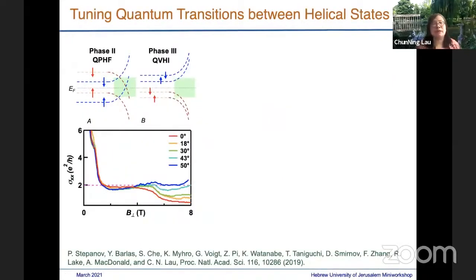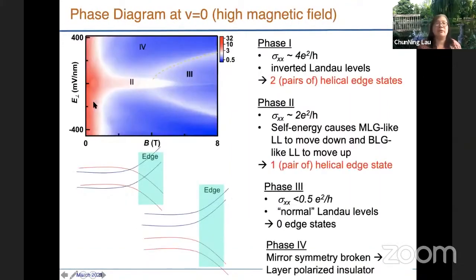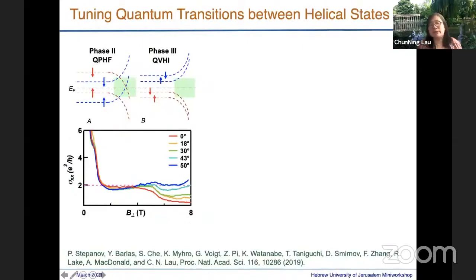So now we can see that we can really tune a phase transition between states with different numbers of helical edge states, for example between phase 1 with 2 helical edge states, 1 helical edge state, 0 and 0. Not only that, if we apply a parallel, in-plane magnetic field, we can also tune the transition between phase 2 and 3.